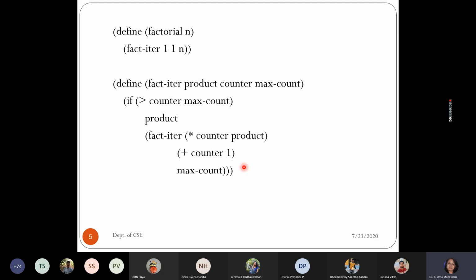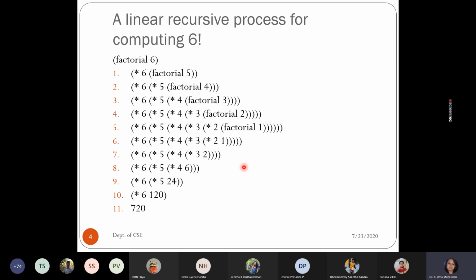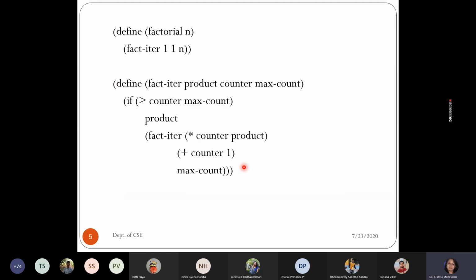So now, in your mind, you want this process in order to write the optimized code. And now there are 2 processes. I should not go to this process at all, expansion and contraction. That is in your mind. So by keeping that in mind, you are writing a recursive procedure. What is happening while writing a procedure? You are also keeping in your mind the shape of the process.